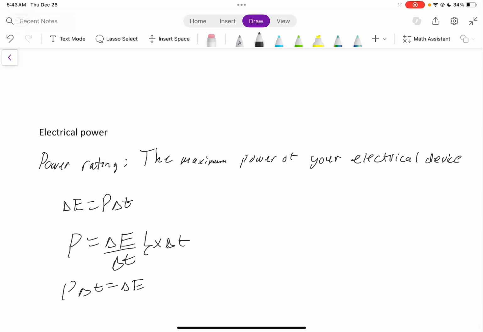Because when we're working in electrical power, sometimes we may be looking for the cost of operating something throughout a certain period of time. How do we find that out? Our cost of operating something is equal to the price multiplied by the energy.